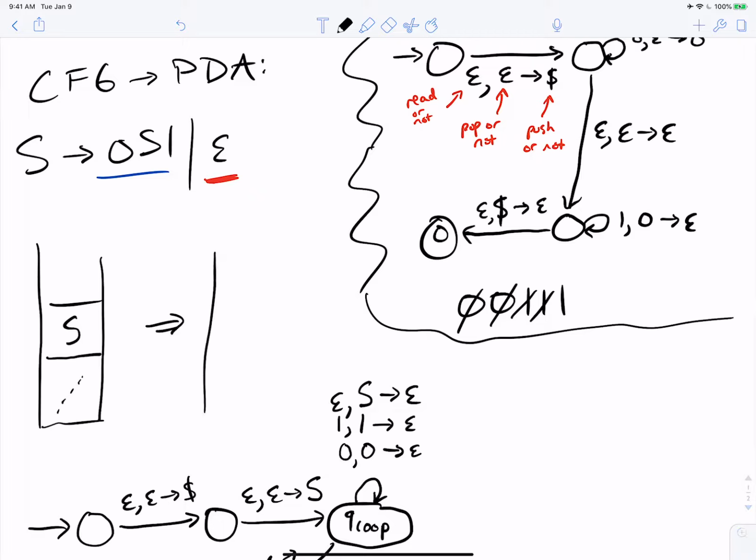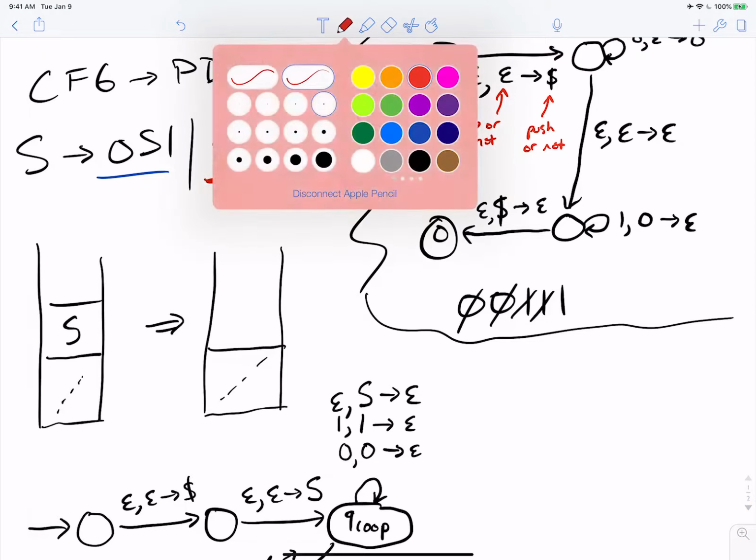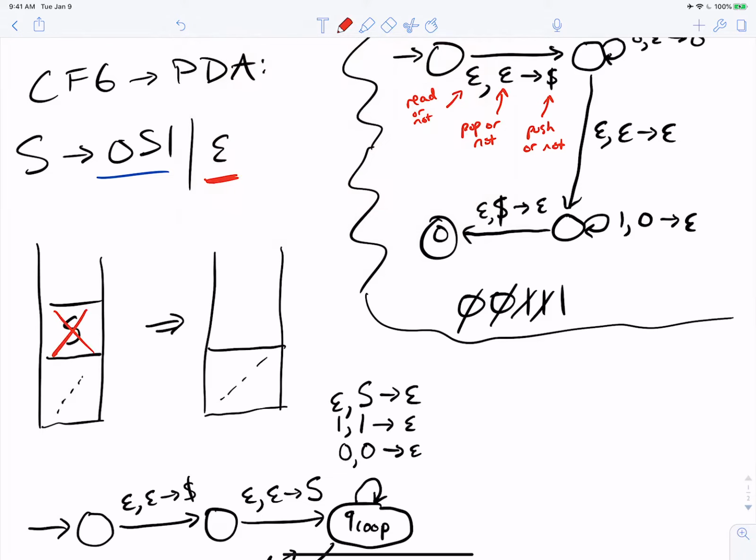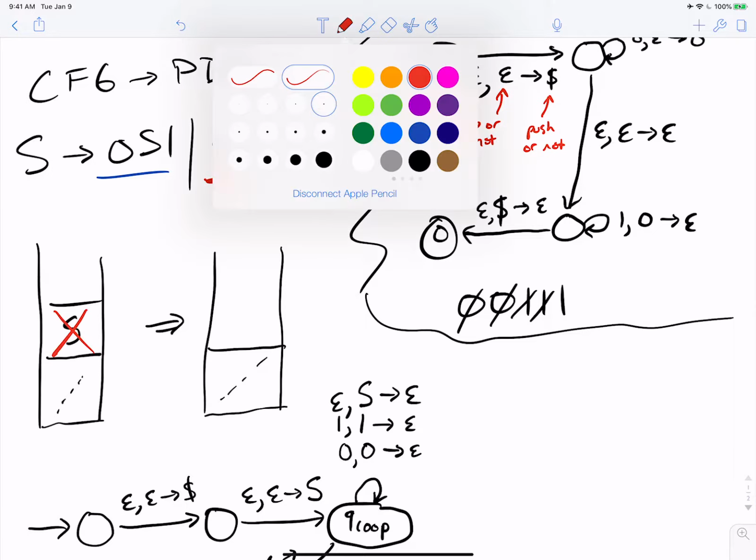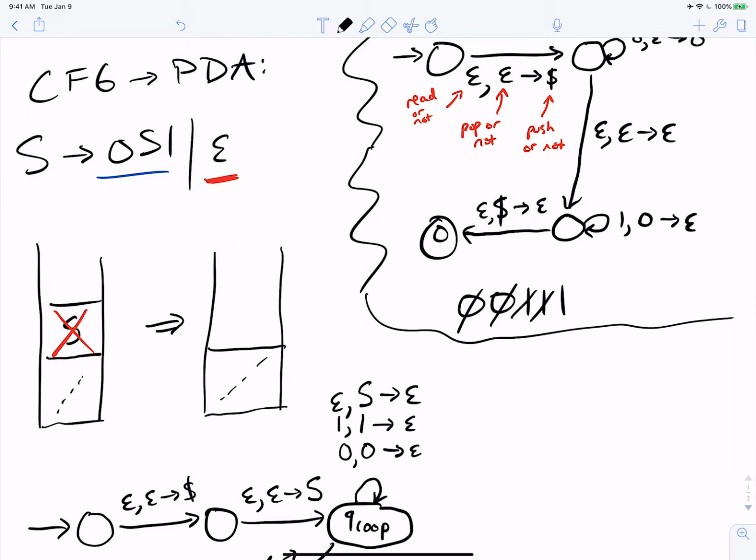What do I want the stack contents to be after this? Note that the S is going away and we're replacing it with the right-hand side. So it's going to be 0S1, but here's the key. Where is the 0 going to be? At the top of the stack.